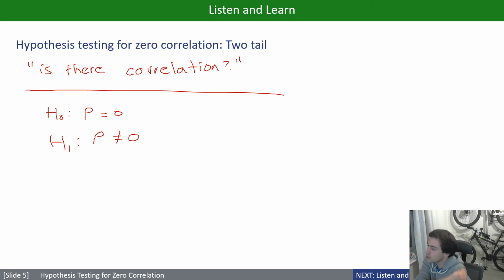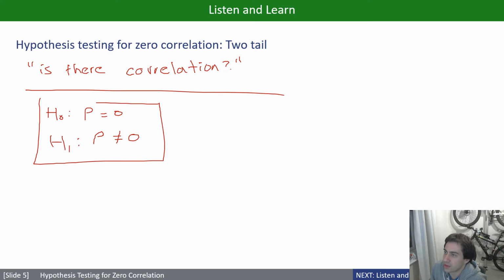Okay, for one tail, it'll be one or the other, less than or greater than. For two tail, it's just not 0. So that's your choice. Default is there's no correlation. Alternative, there is one, it's not 0. Okay, and that's it. That's the setup for two tail. So in the first instance, you'll be writing that down for a two tail, and for a one tail, you just have to decide if this symbol here is a less than or a greater than sign.